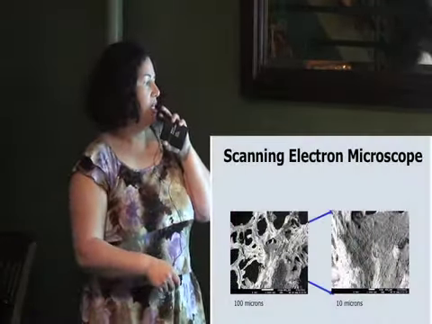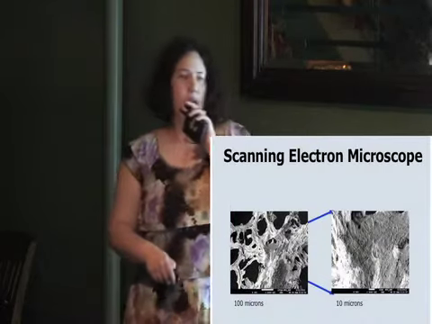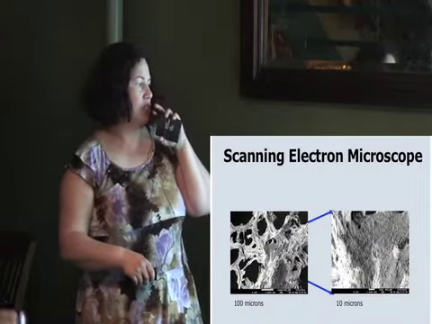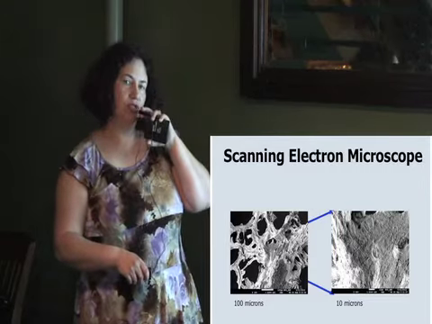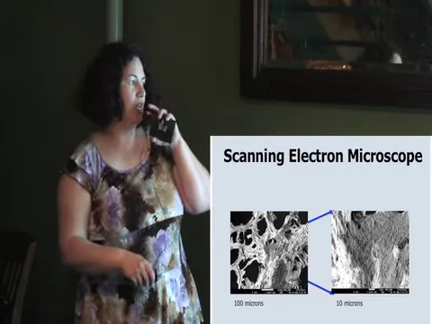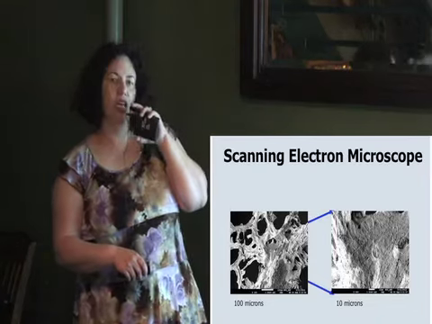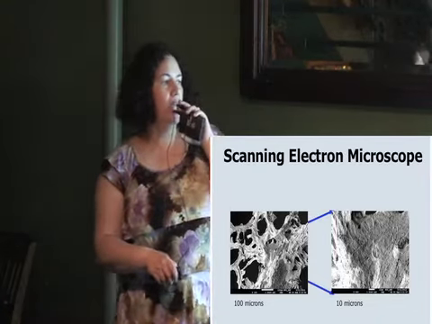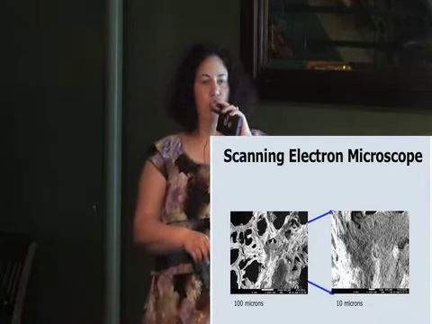So this is another detail. Now, with a higher magnification, 100 microns, here 10 microns. At 100 microns, I cannot see much detail, but when I zoom in, I can see a structure that I couldn't see before. So even working with microscopy, we have to go investigate the sample.